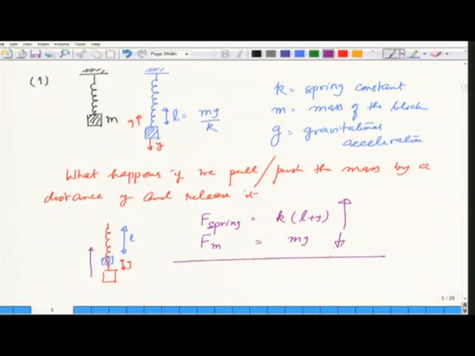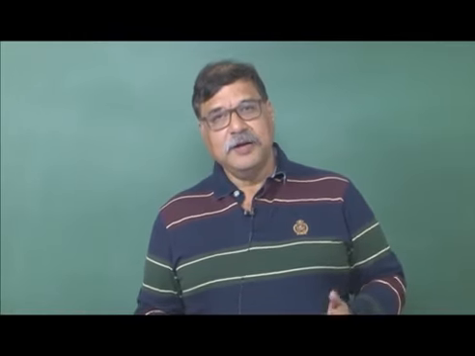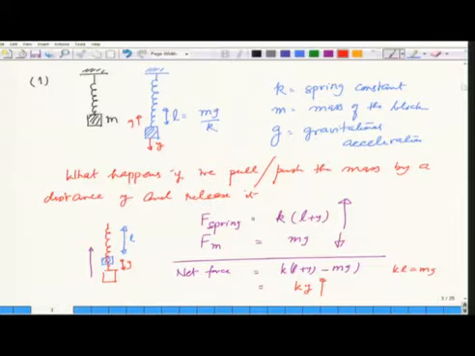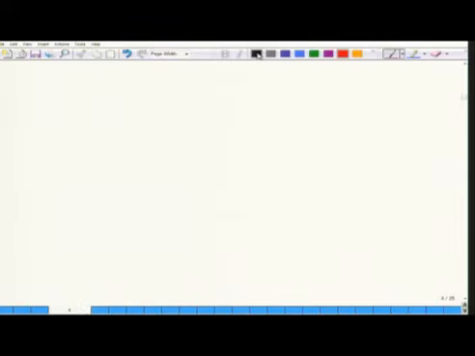So, the net force is going to be k(L plus y) minus mg, and remember kL equals mg, and therefore, all I am left with is ky pulling it up. Notice that the displacement is downwards, right, and the force is upwards. Therefore, I can write that when pulled down, the force on this is minus ky.